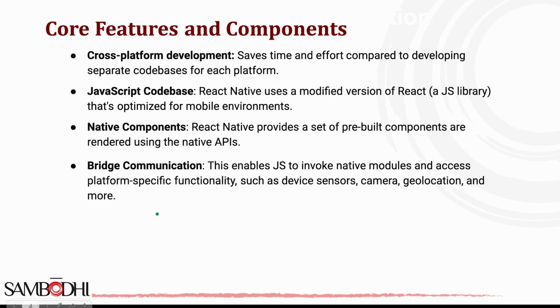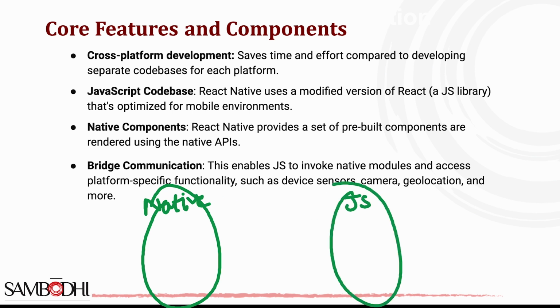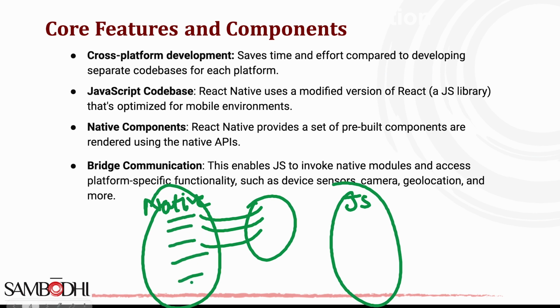Suppose this is the native side and this is the JavaScript side. Now there is an object reference that has references to all the native functions. These are the native APIs. It has all the references to these APIs and functions, and this object is exposed to the JS side. So when the JS side needs anything from the native side, it can directly access it because it has access to this reference object.